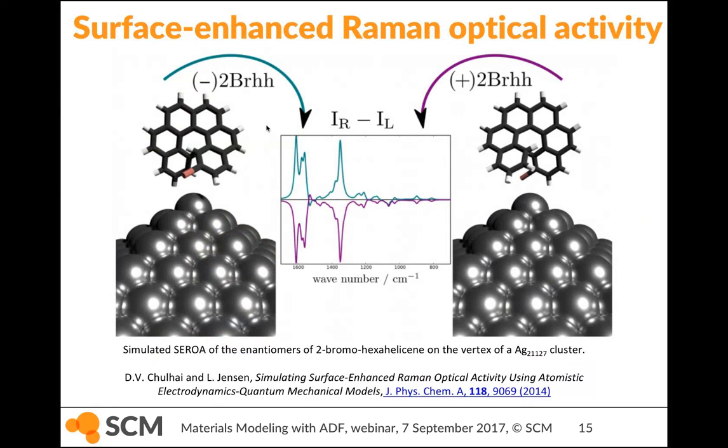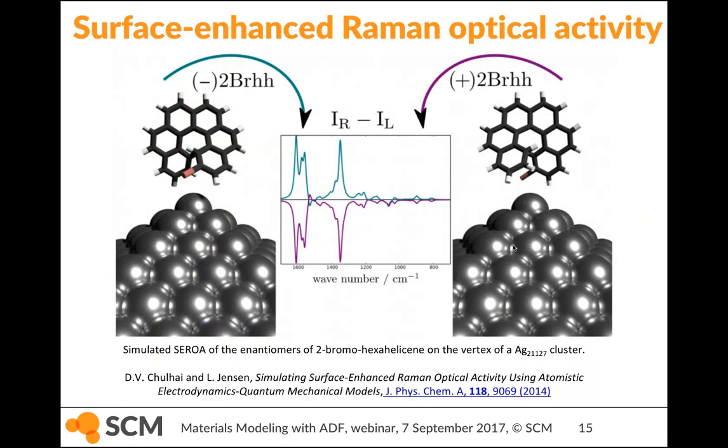So this is the example showing the surface-enhanced Raman optical activity. If you're interested in learning more about that, this is really a new technique, also experimentally, and it's now also available computationally. So people are still trying to learn what can be done with that.